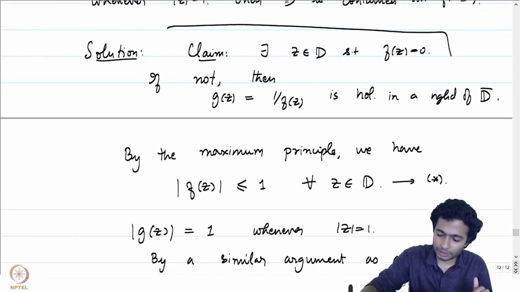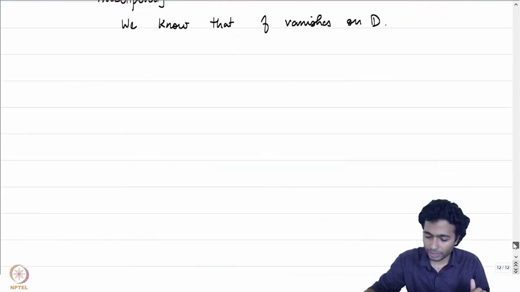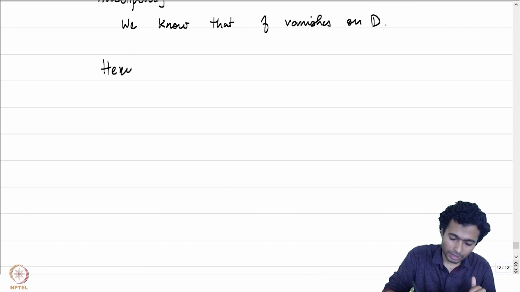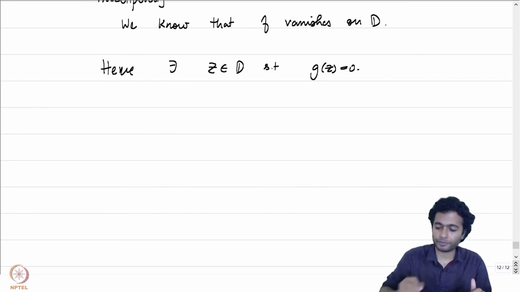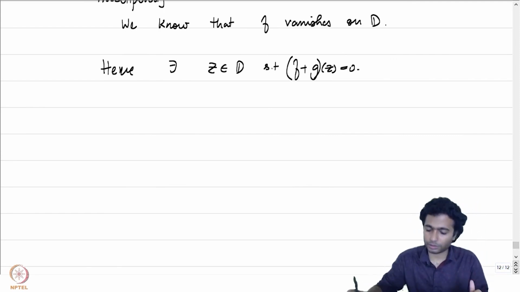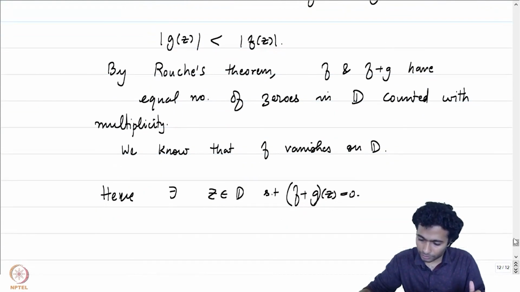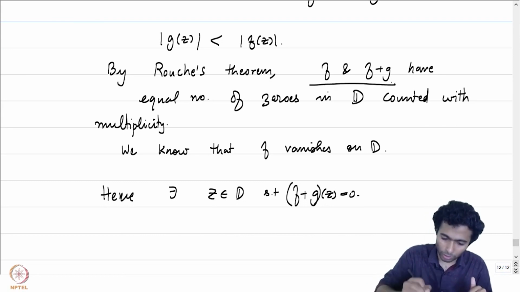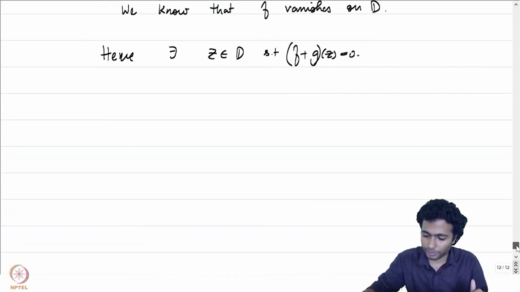Claim was that there exists some z such that f of z is equal to 0, and hence by Rouche, there exists some z in D such that f plus g of z is equal to 0. Rouche's theorem said, oh, I think I made a mistake, f and f plus g is what I have written. So, f plus g will turn out to be equal to 0.